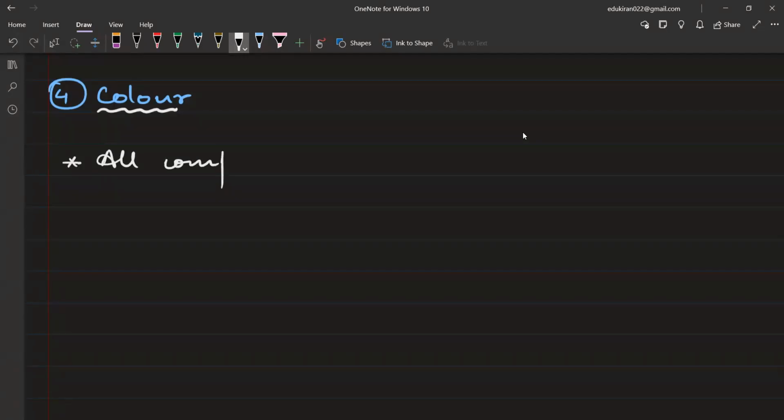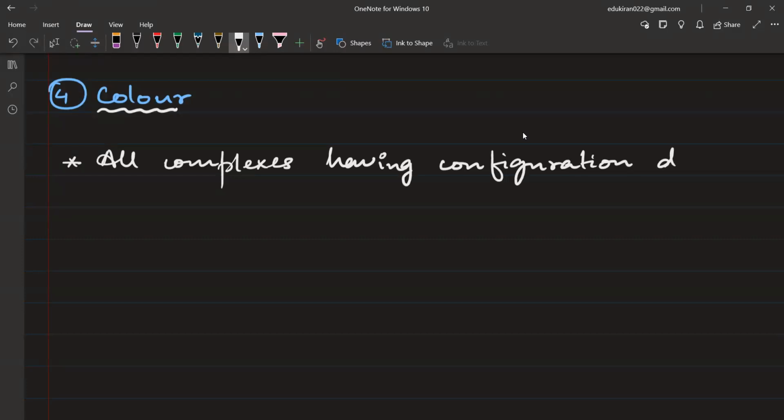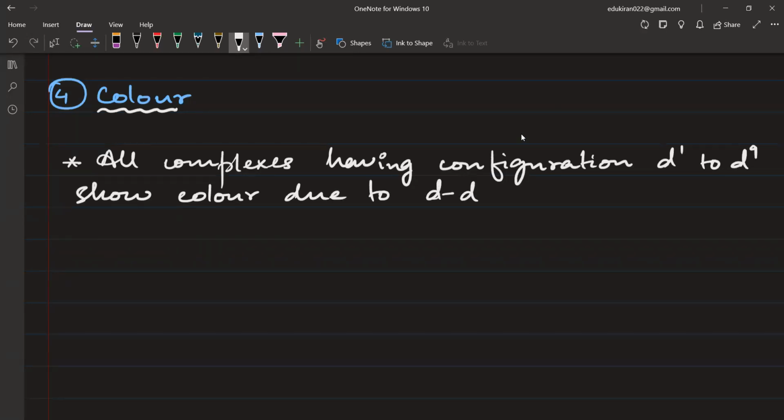All complexes having configuration d1 to d9, that means you should have at least one unpaired electron, right? There should be some unpaired electrons in the d subshell. Having d1 to d9 show color due to d-d transition.